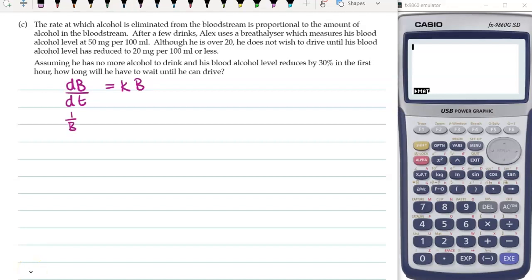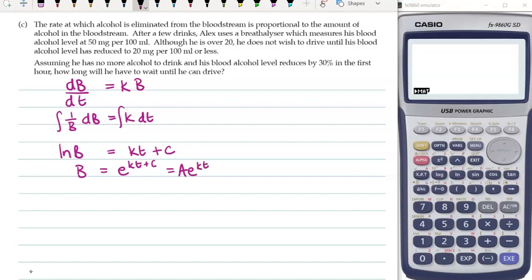We have 1 over B dB is equal to K dt. Integrate both sides. We'll have log of B is equal to KT plus C. So then B is equal to e to the KT plus C, which can be written as A e to the KT.